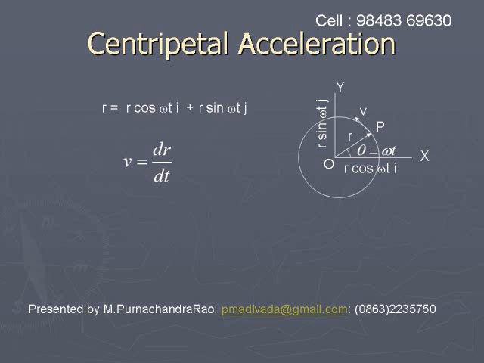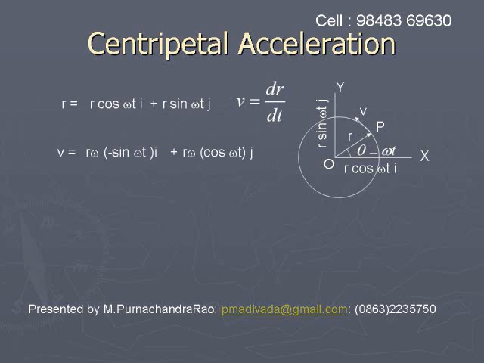The velocity of the particle v is equal to dr by dt, where r is r cos omega t i plus r sin omega t j.